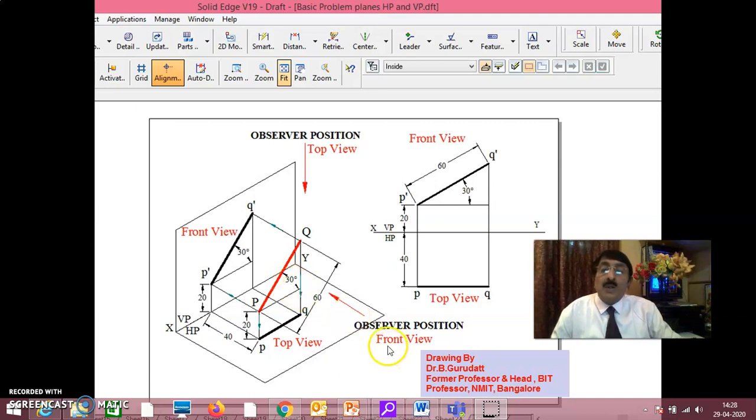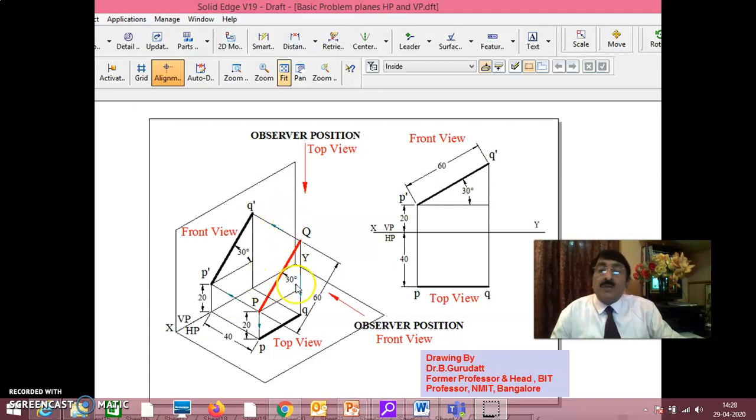In this position, when you see from the front, since it is inclined to HP and VP, in the front view also you see the reduced length. In the top view also you see the reduced length. This is the basic mechanism. Please follow. I tell you again. This is the end P, which is the fixed point. Q is the moving point. Keeping 30 degrees constant, if I move the Q this way, that is, going towards VP, the angle with VP gets developed.